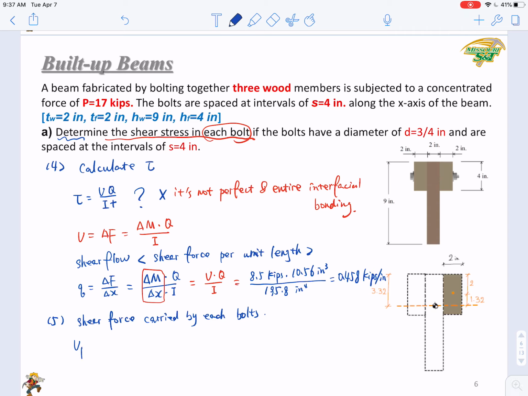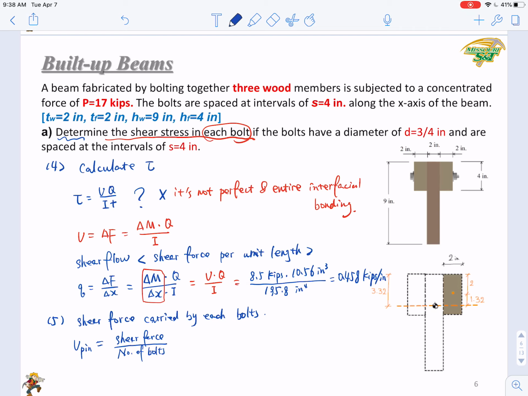The V pin, the shear force carried by each bolt, is the overall shear force over the number of bolts. If you know the overall shear force and the number of bolts that are carrying the shear force, you can easily calculate the shear force shared by each of the bolts, V pin, by the overall shear force over the number of bolts.